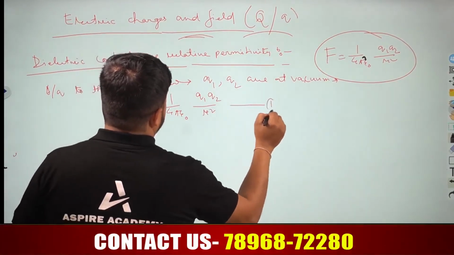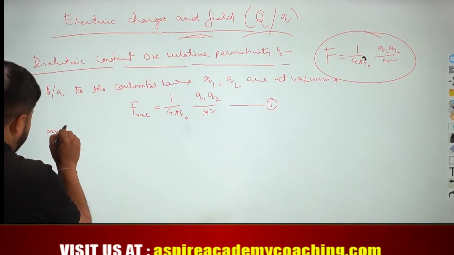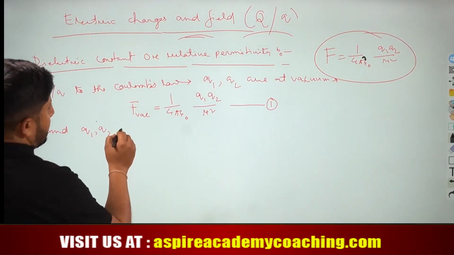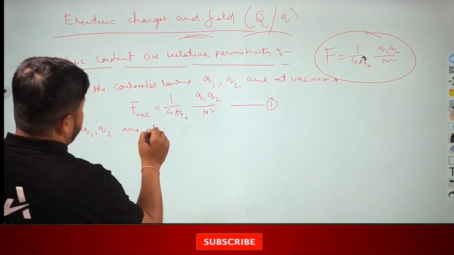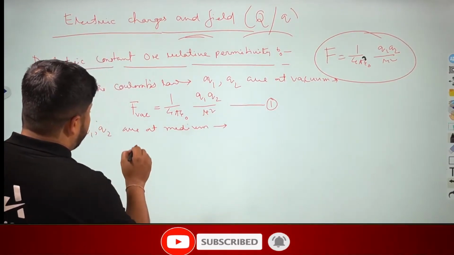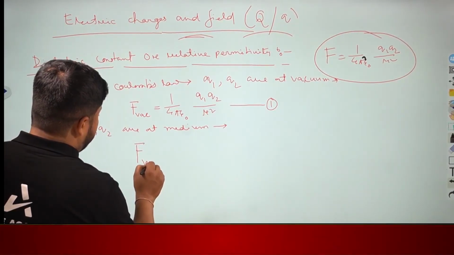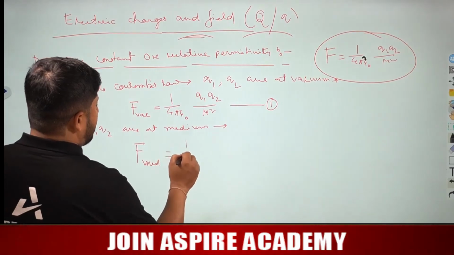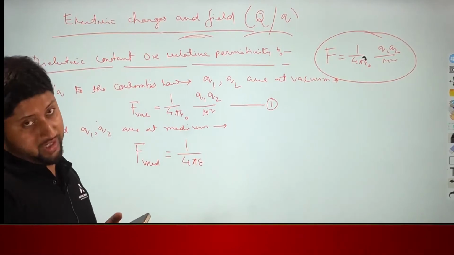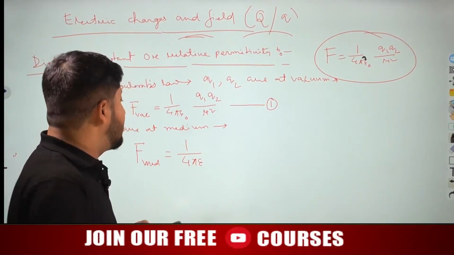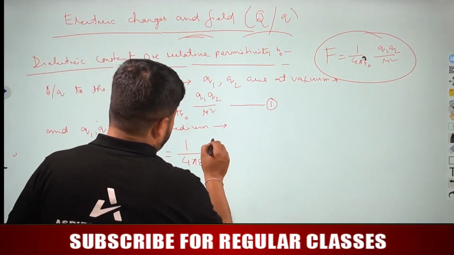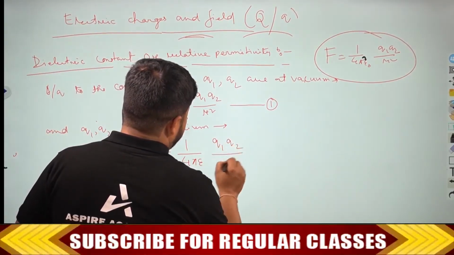This is equation number 1. And if Q1 and Q2 are in a medium, like air or water, then F medium is 1 by 4 pi epsilon Q1 Q2 by R square. There is no epsilon naught here; this epsilon is called the absolute permittivity.